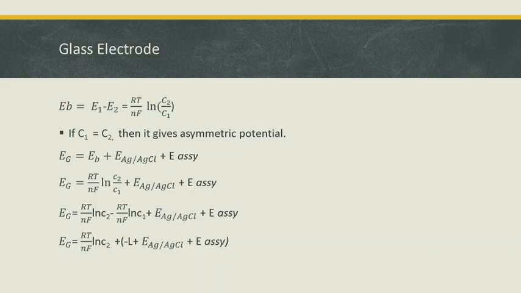I am taking this value as a constant. So I take RT by NF ln C2 plus, in brackets, minus RT by NF ln C1 plus E silver chloride plus E asymmetry.